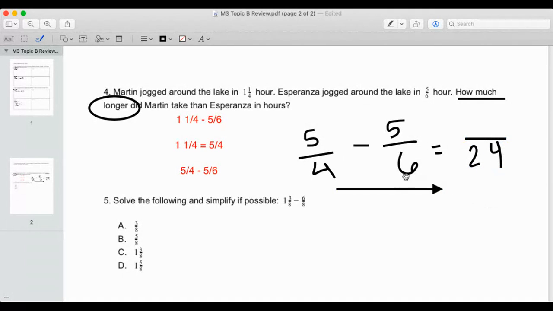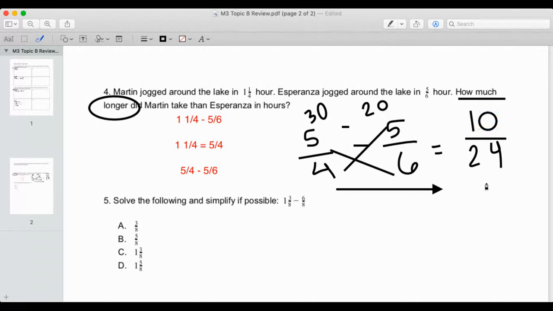And then we're going to cross multiply to find our new numerator. 6 times 5 is 30. Helps to know your math facts here, guys. 4 times 5 is 20. So I'm doing 30 minus 20, and 30 minus 20 is 10. So my final answer is 10/24.